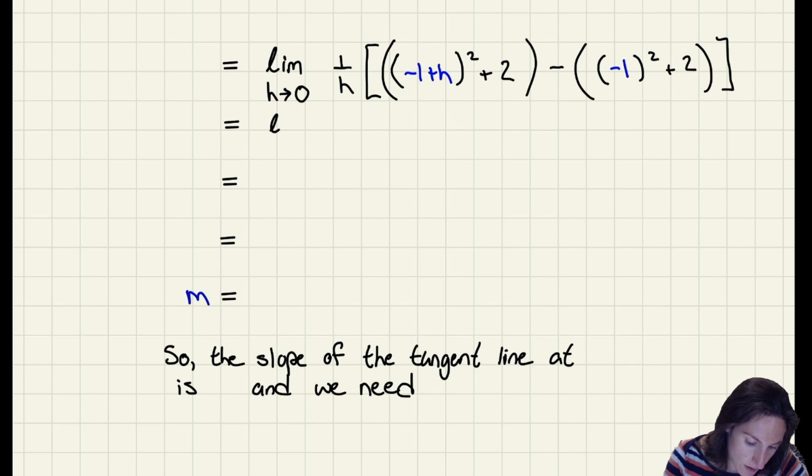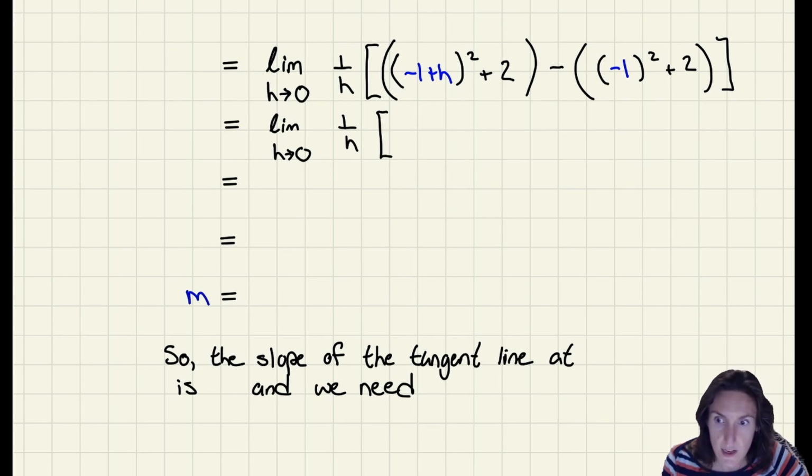And then we have the limit as h goes to 0 of 1 over h. And now I'm going to have to expand this using FOIL. So -1 times -1 is 1.